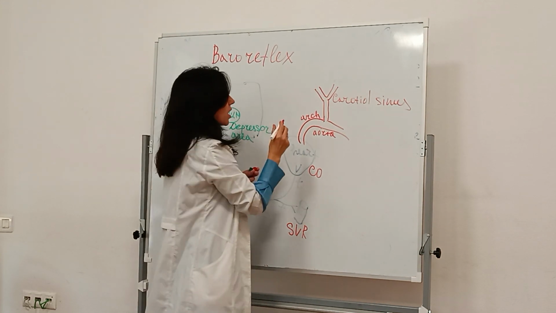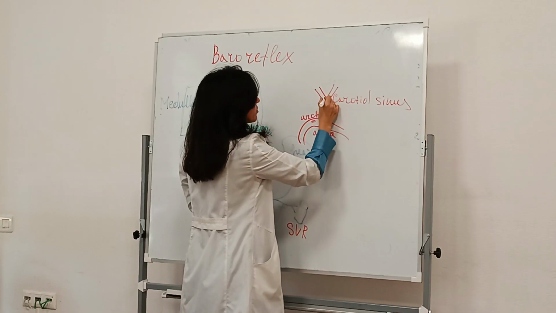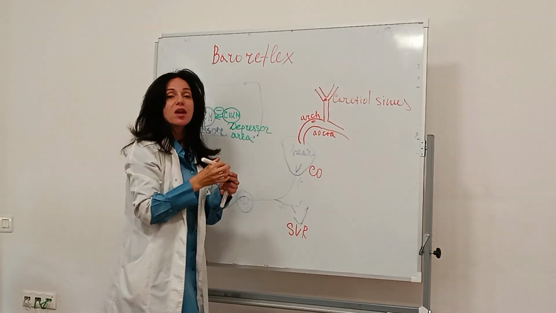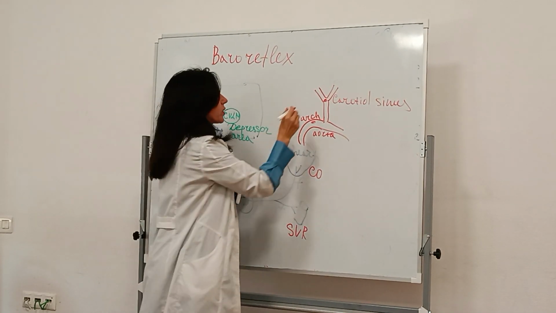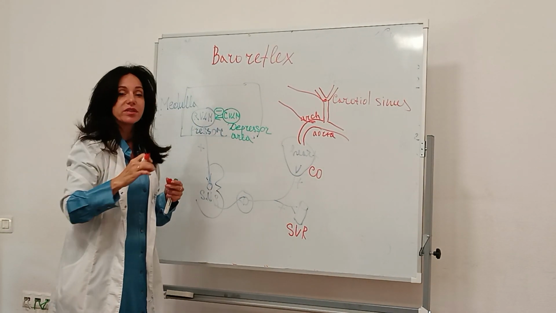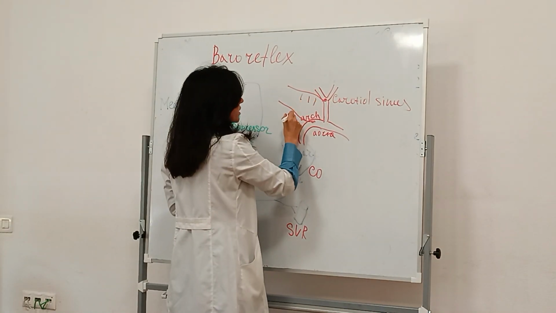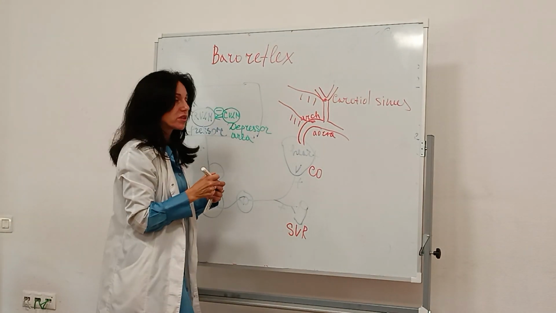These are baroreceptors. They are primary receptor endings. They have background activity depending on your blood pressure. Always they have background activity.